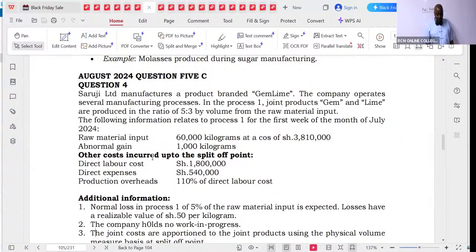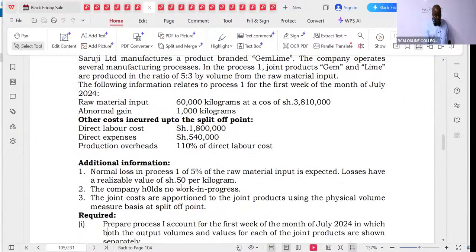Other costs incurred up to the split off point: direct labor, direct expenses, and production overheads of 110% of direct labor cost. Additional information: normal loss in process 1 is 5% of the raw material input, which is expected. Losses have a realizable value of 50 per kilogram. The company holds no work in progress.